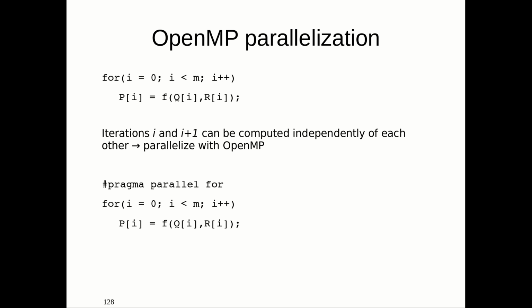So if we use OpenMP, we just tell it that this loop can be parallelized over threads, by adding this pragma parallel for. Basically that's it. It will automatically parallelize this loop for us, generate the threads, and split up the iterations over this vector to the threads.